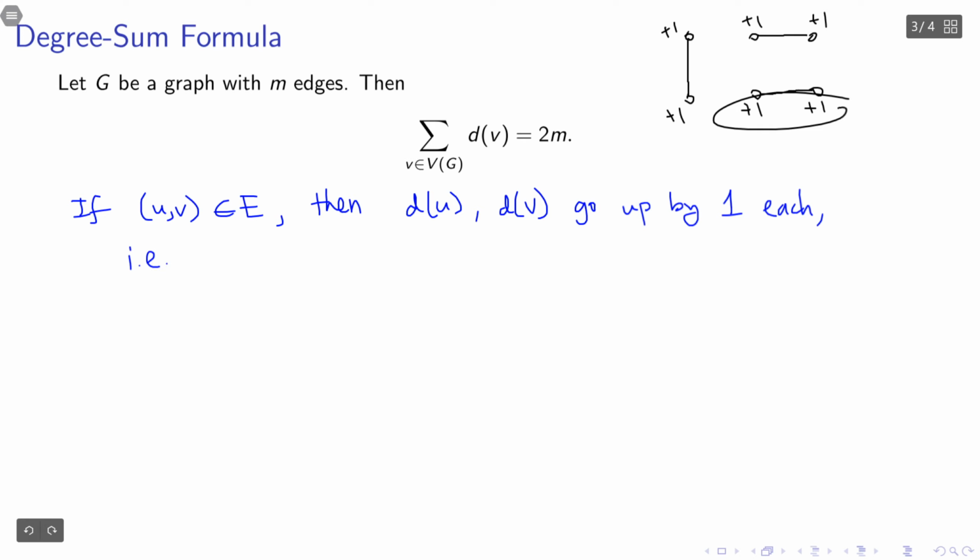So I know exactly which degrees go up. It's the vertices that are exactly the endpoints of this edge that I'm adding to the graph.